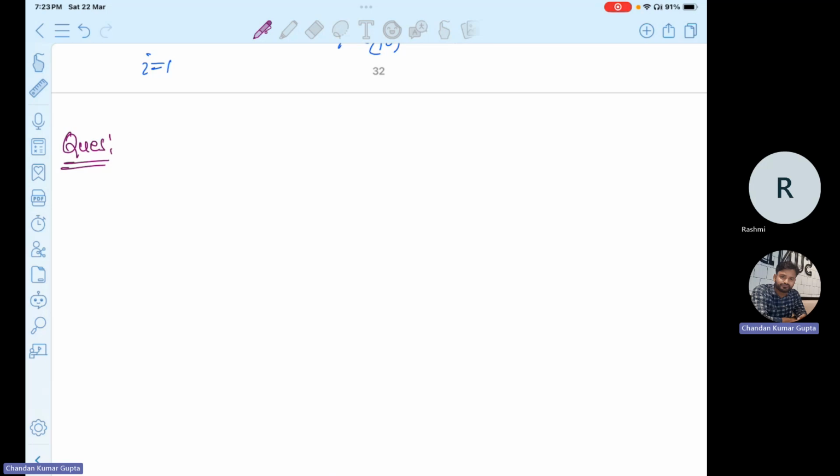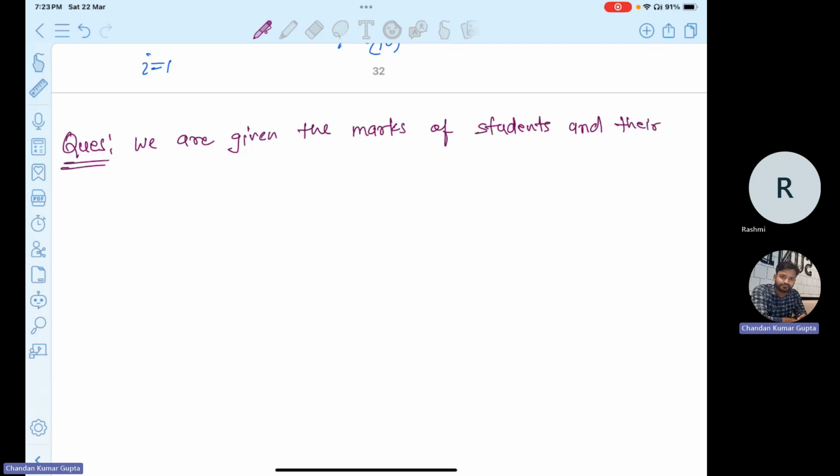We are given the distribution of marks of students and their corresponding frequencies, the number of students.